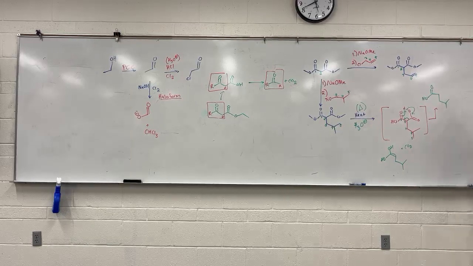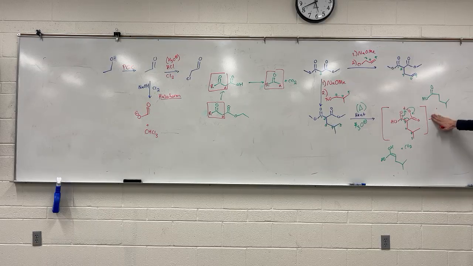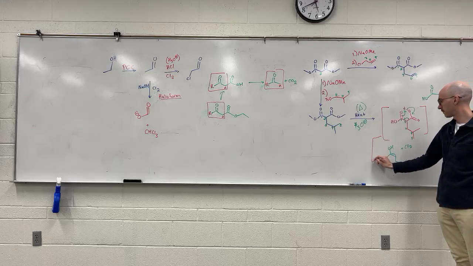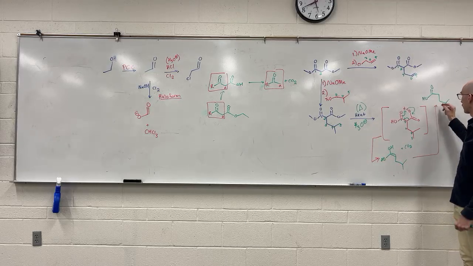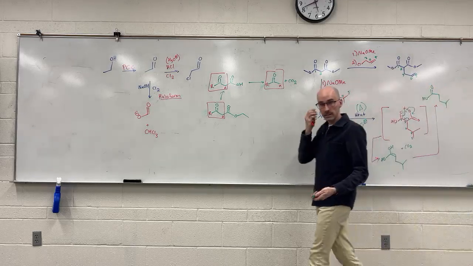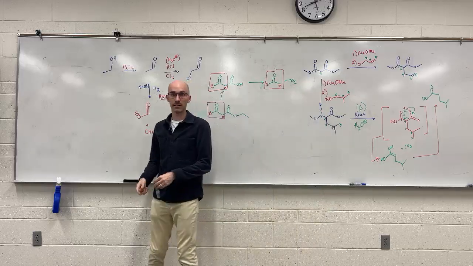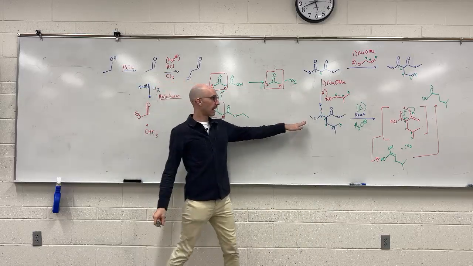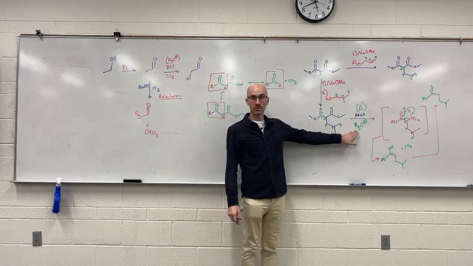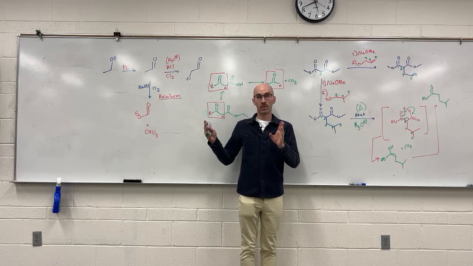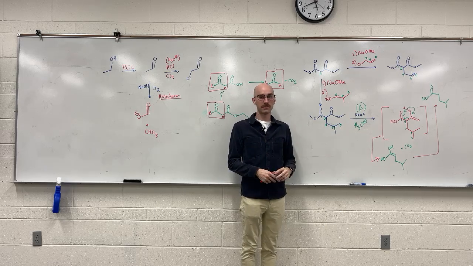Mm-hmm. I think I'm getting confused that we have the esters, but then the esters have methyl groups on them. Sure. Where did the methyl groups go? Well, in hydrolysis, alcohols are a byproduct. Esters react with aqueous water to form alcohols and carboxylic acids.